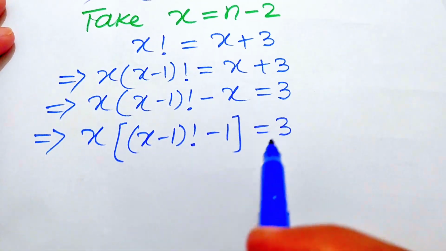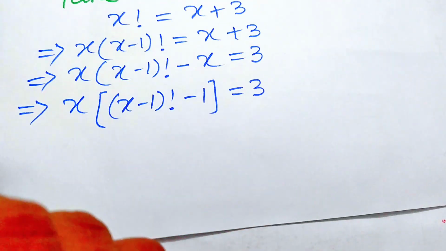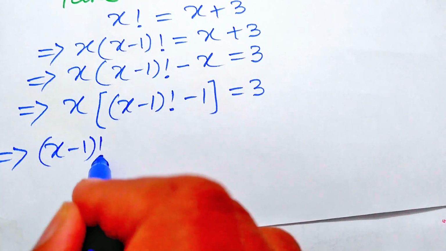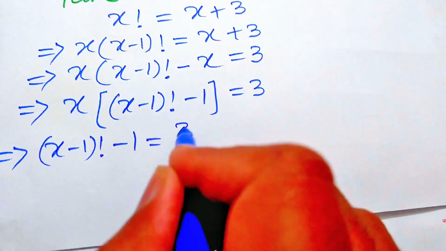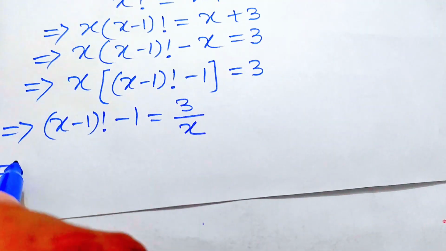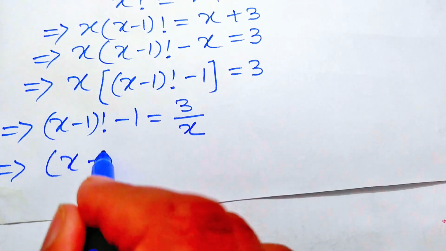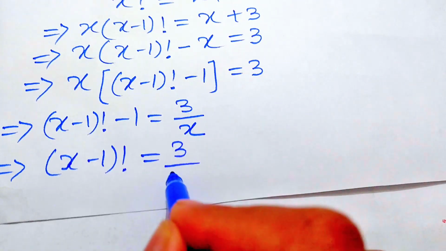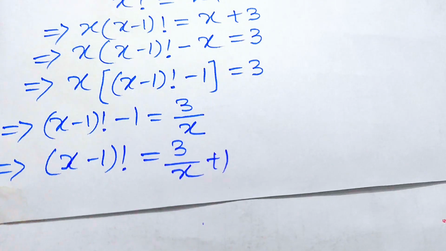And now we move this x to the right hand side, and it becomes (x minus 1)! minus 1 equals 3 over x. And we move this minus 1 to the right hand side, and it becomes (x minus 1)! equals 3 over x plus 1.